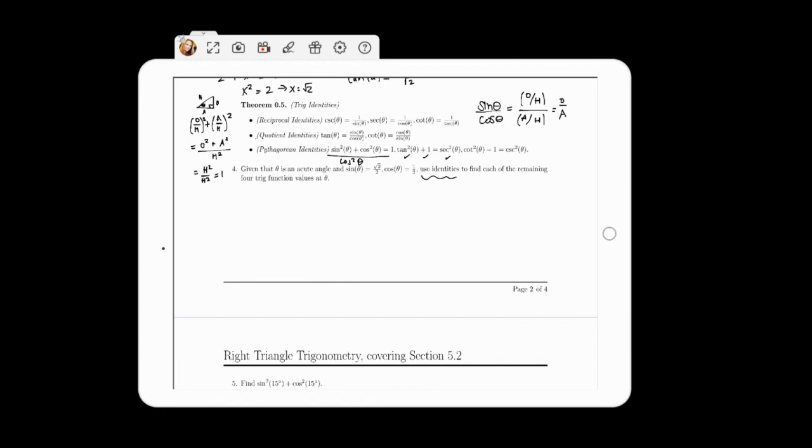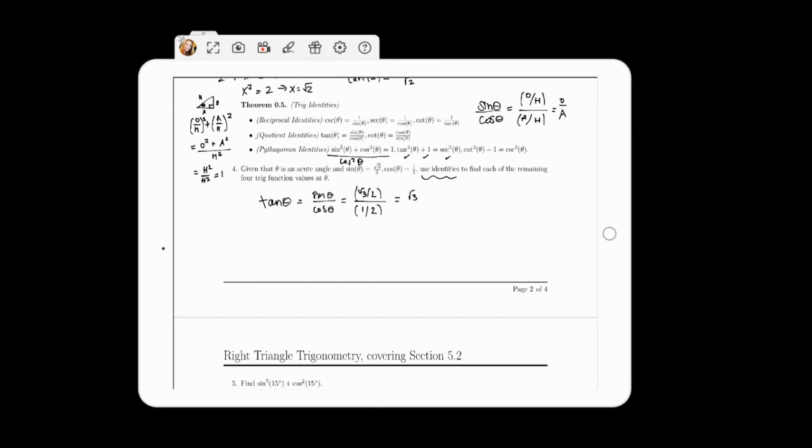So I know both sine and cosine. Therefore, I can get tangent because by the identity, tangent is equal to sine over cosine. So that means this is √3/2 over 1/2. So the 2's will cancel and we just get √3/1. So the tangent of this angle is √3.